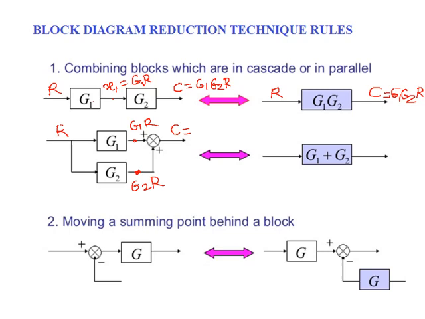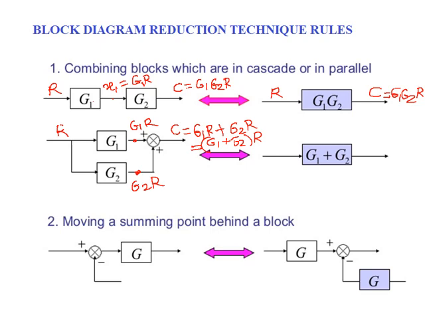So at the summing point two signals are incoming, so that will be additive. The resultant will be G1R plus G2R. Or I will write like this: I will take R common, so C is equal to (G1 plus G2) into R. Now look at this, when two blocks are connected in parallel, there will be addition or subtraction.